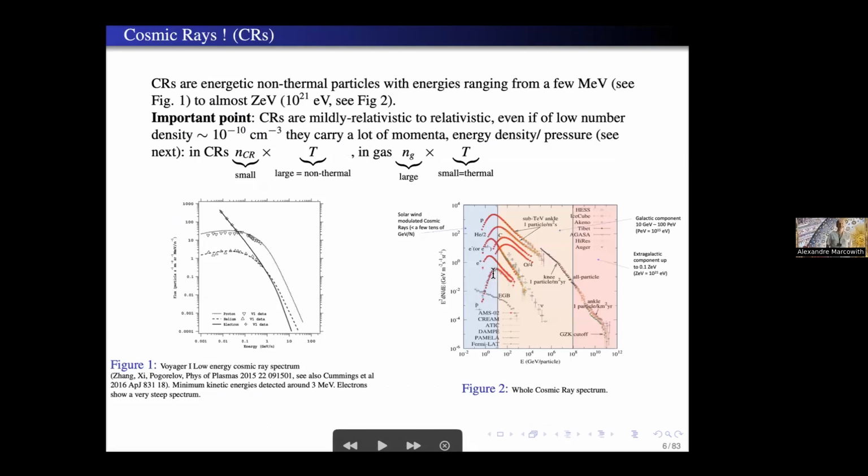Let's move to the introduction. So, cosmic rays. What are cosmic rays? Cosmic rays are non-thermal particles with energies ranging from at least a few MeV.